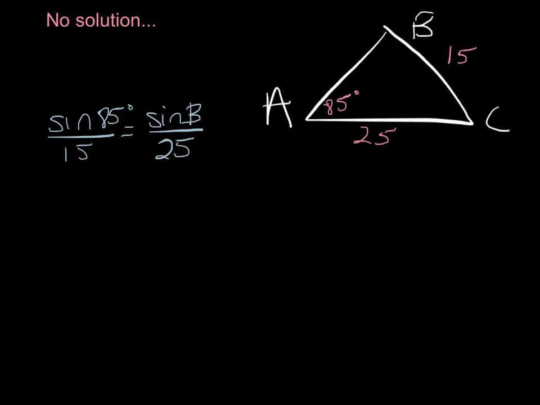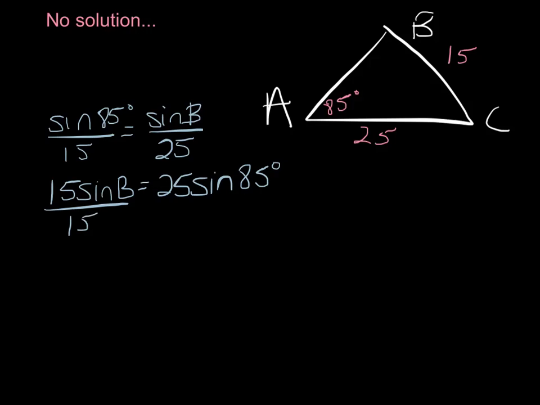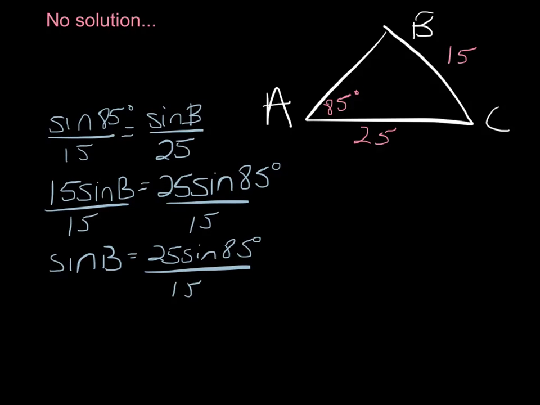Solving for B, we'll cross multiply. Divide both sides by 15.